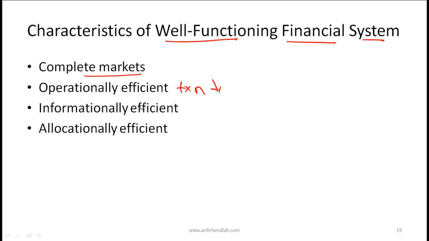If transaction costs are low, then anytime there is mispricing, it will be relatively easy for traders or investors to buy or sell. When transaction costs are high, then mispricings in the market will persist, because even though you might spot a mispricing, if the transaction cost is too high, you might not be able to take advantage of the mispricing.